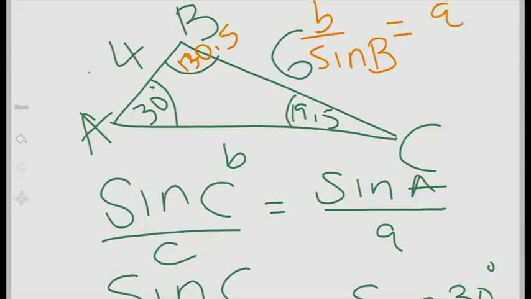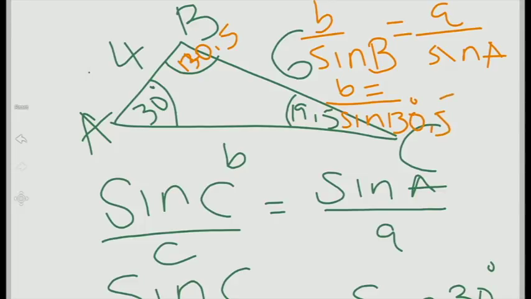So side A over sine A. Side A we've been given is 6. Angle A we've been given is 30. So we substitute: B over the sine of 130.5 degrees is equal to 6 over sine 30.